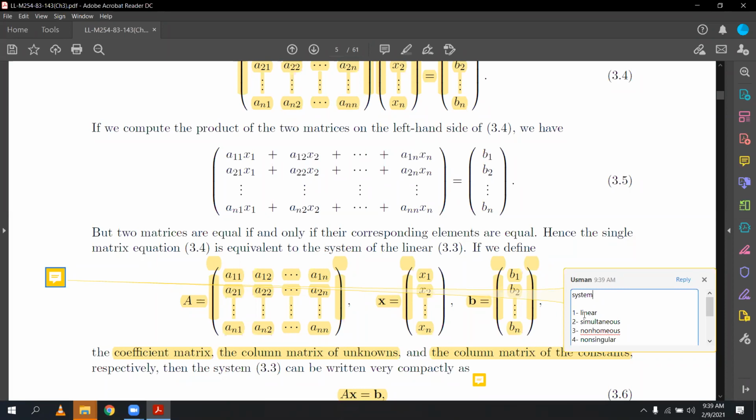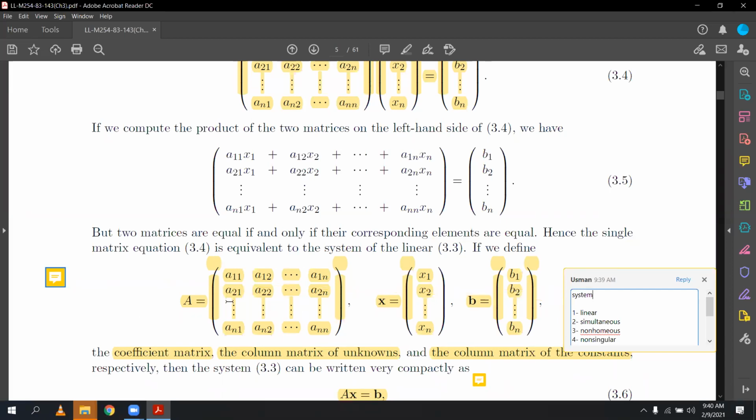Linear means all equations must be linear ones, with power 1. Simultaneous means the number of equations and the number of variables should be equal. Non-homogeneous means the right hand side is not equal to 0. And non-singular means the determinant is not equal to 0, or the given coefficient matrix A is invertible.